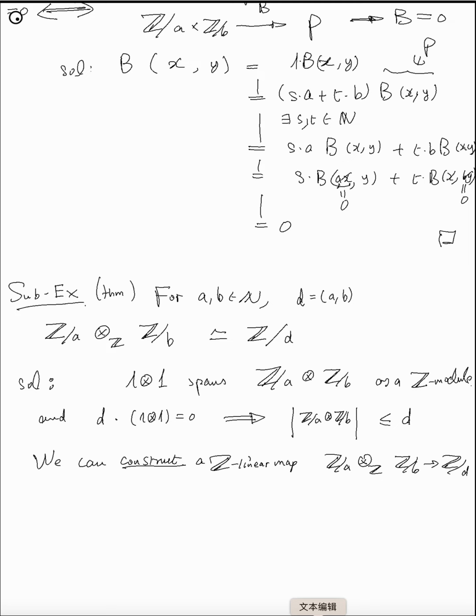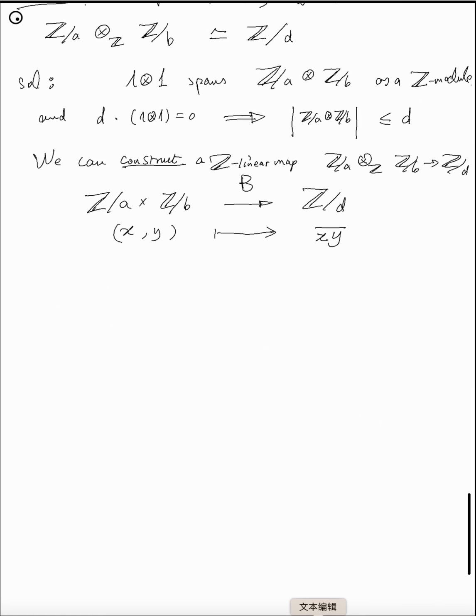Of course, anytime you want to construct a map from a tensor product to a module, you have to use the universal property. So we first construct a bilinear map in a very natural way: you have x and y, you map it to x times y, and then take its image after the quotient by d. Because d divides a and d divides b, this is a well-defined Z-linear map.